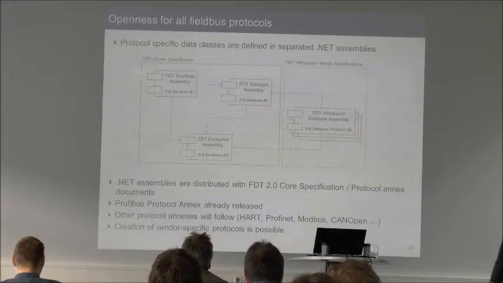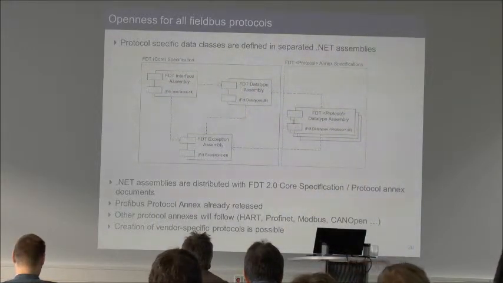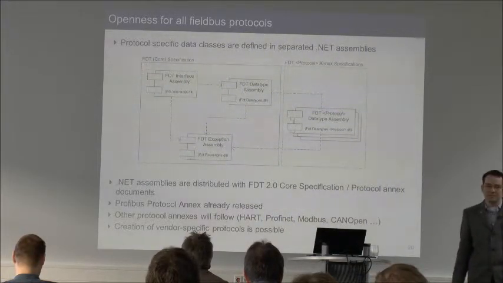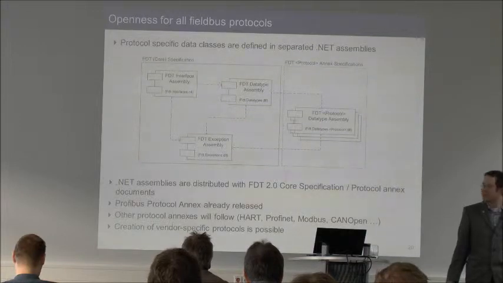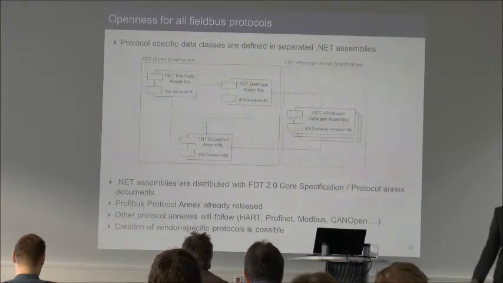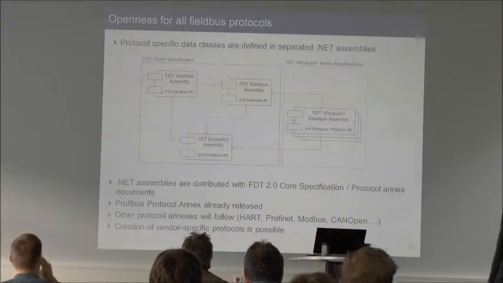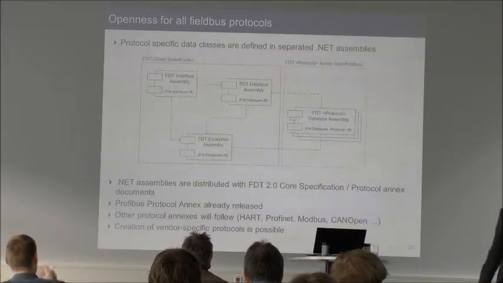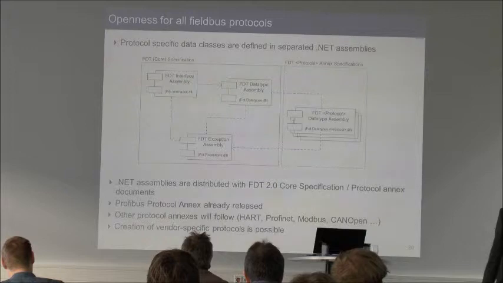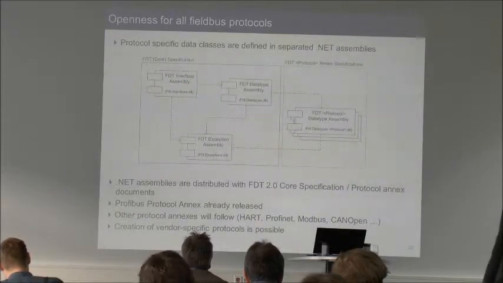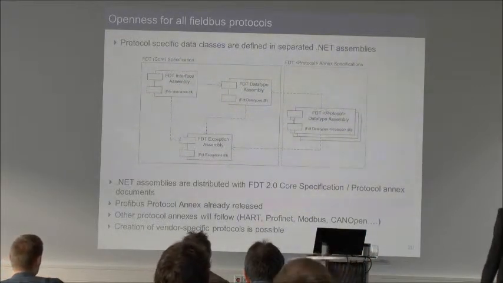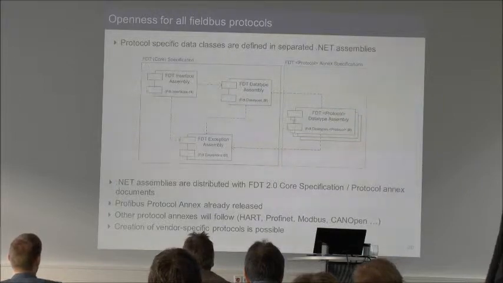We have .NET interfaces and data objects, and therefore we also have .NET assemblies for each protocol. The Profibus protocol is already released, which means we have a Profibus .NET assembly, and also a Profibus annex document. And other protocols will follow.